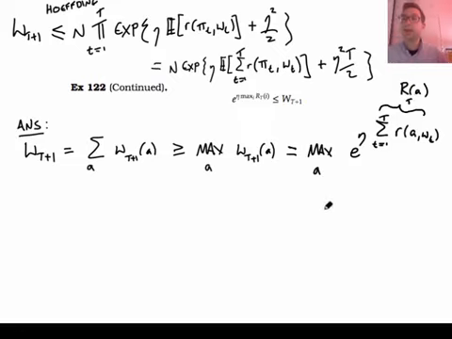And then e to the eta, or the maximum, I can just take inside because it's an increasing function, assuming eta is positive, so I can also take the maximum inside.